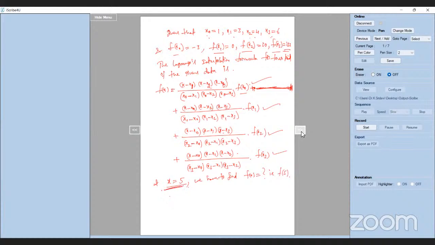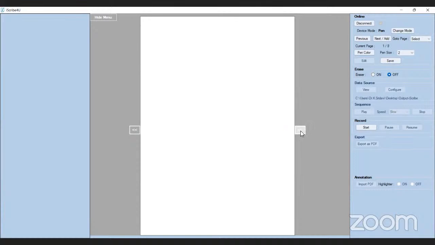So take x is equal to 5 in this formula and take all the values x0, x1, x2, x3, f of x0, f of x1, f of x2, f of x3 in the formula. So then you can get the value. Next, go to take another page.